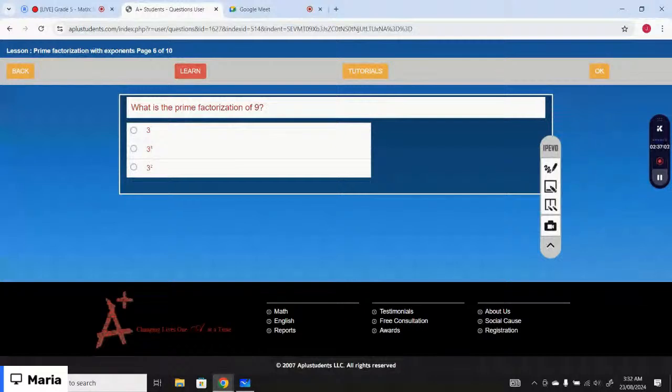They are 3 times 3, right? Or 3 square. Yes, that is 3 square. Option number 3 is the correct option.